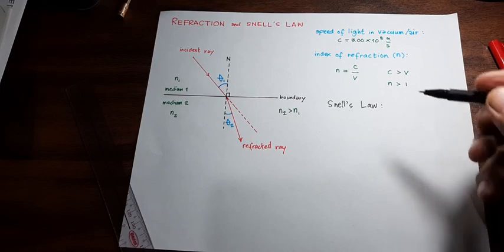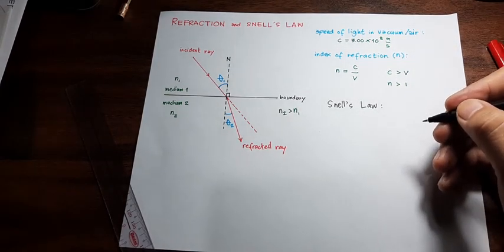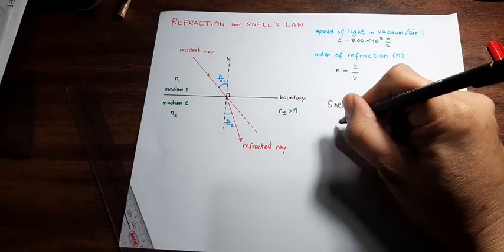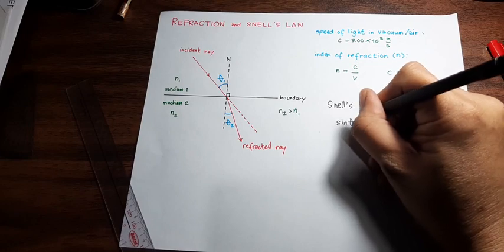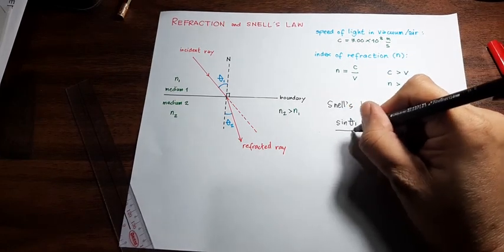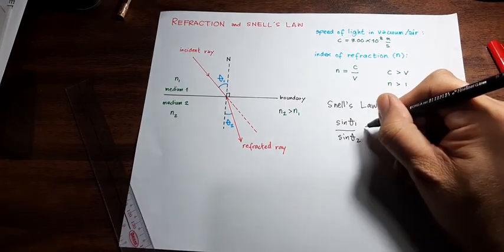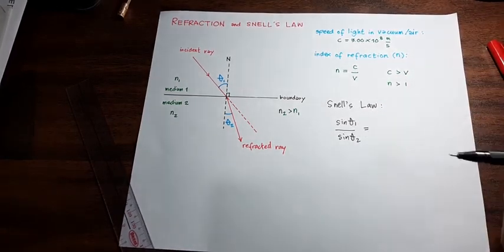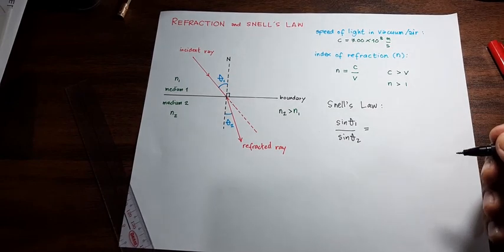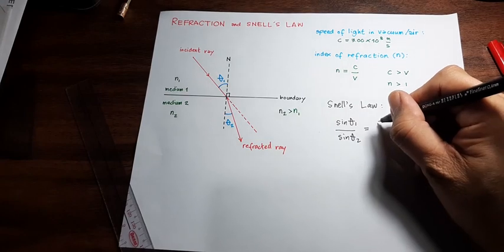He said that the ratio of the sines of the angles of incidence and refraction, so let's write that down, sine angle 1 divided by sine angle 2, is equal to the inverse ratio of the indices of refraction.